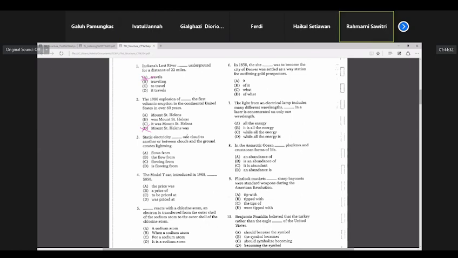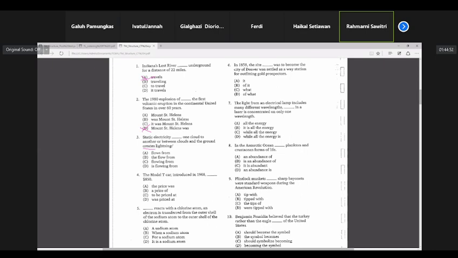Yes, so here we have creates as the main verb and then the subject is static electricity. Intinya sih itu saja ya. Intinya adalah static electricity creates lightning.